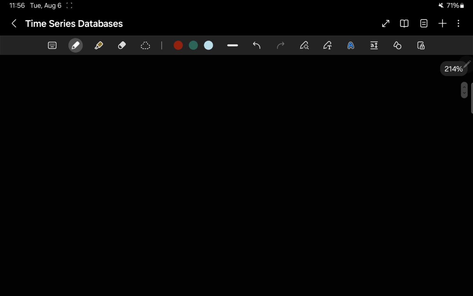Let's start with the introduction. A time series database is a specialized database optimized for storing and querying time-stamped data points, making it ideal for applications dealing with temporal data.